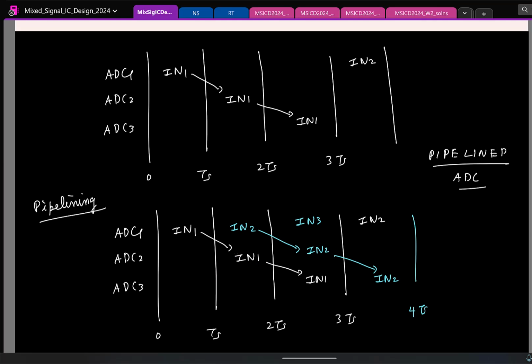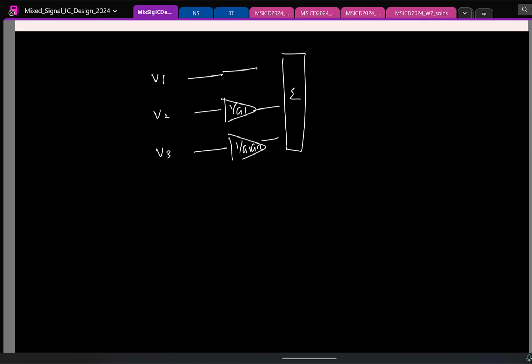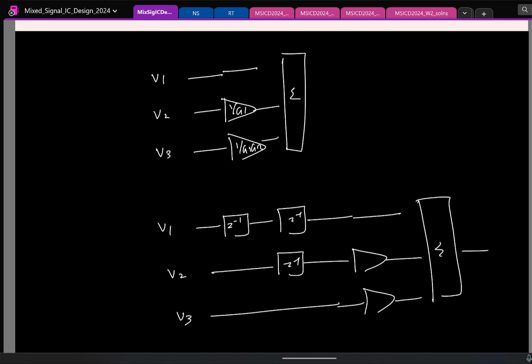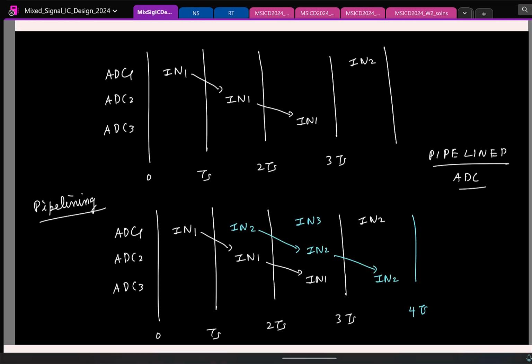So you cannot simply say I'll take V1, V2, V3 and add them with 1 by G1, 1 by G1 G2. Because there is a delay, you have to have 2 clock cycles of delay in the first path, 1 clock cycle of delay in the second path, and then you scale it. So when you reconstruct the signal, this is something you need to take into account. But yeah, this is the basic idea of pipeline ADC.